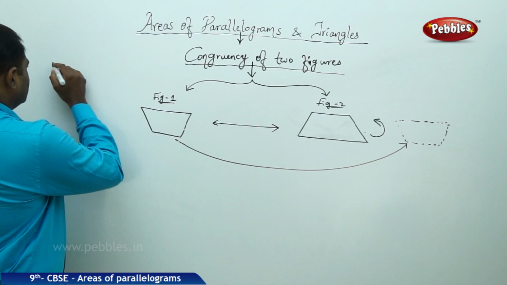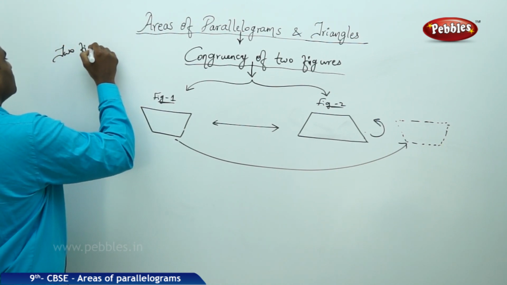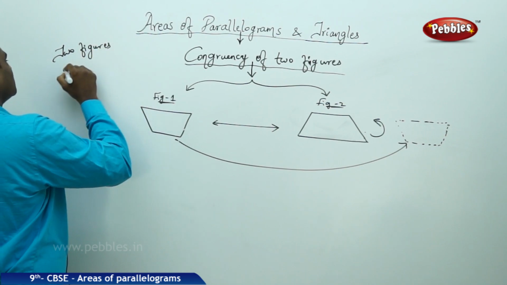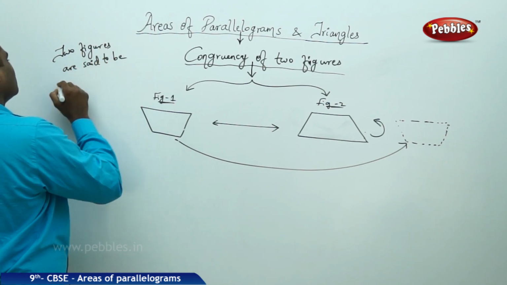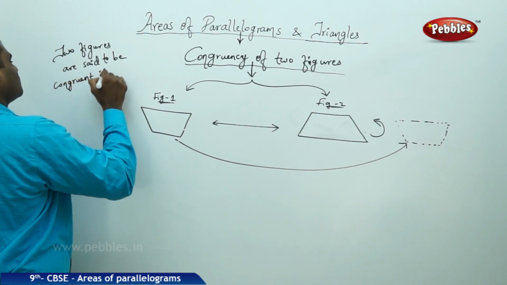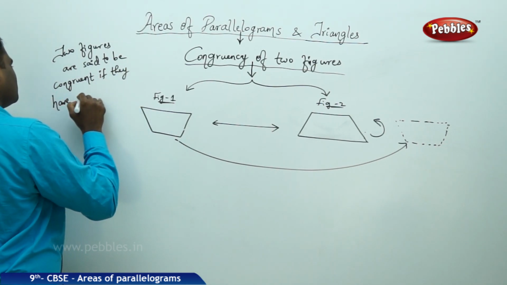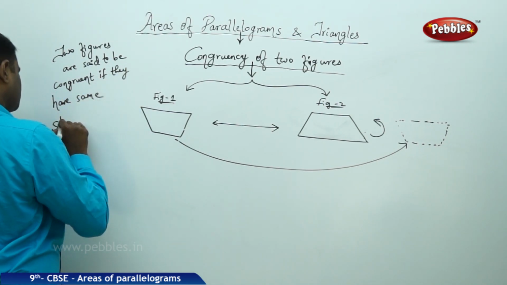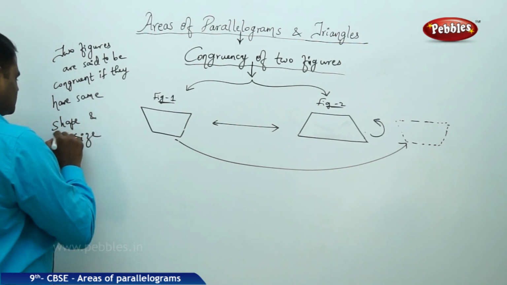So here I define: two figures are said to be congruent if they have the same shape and size.